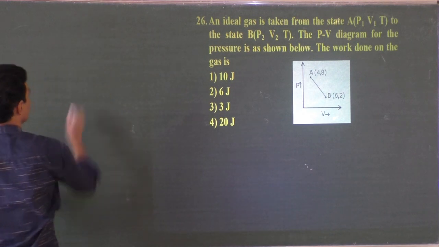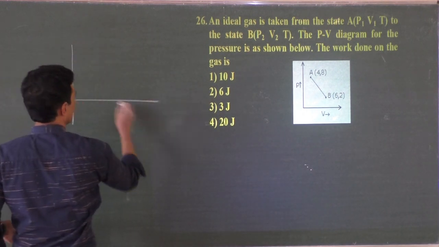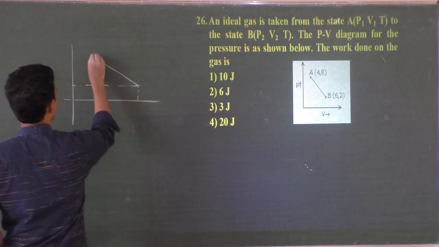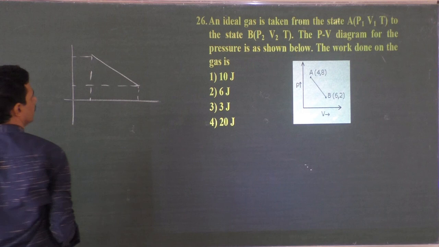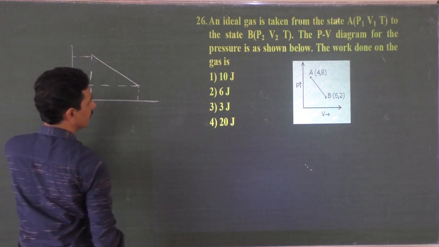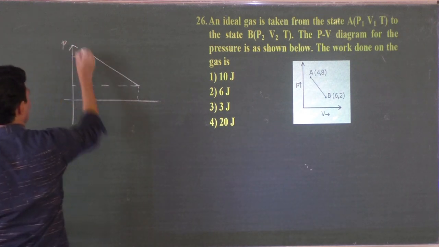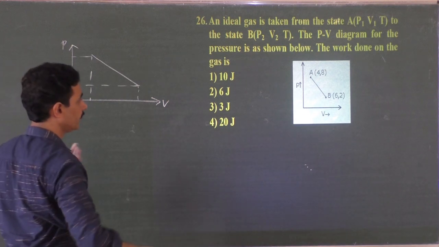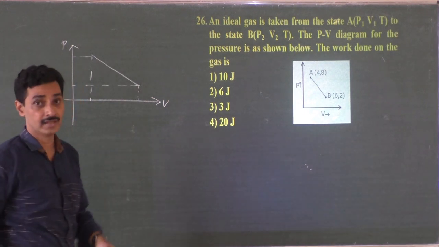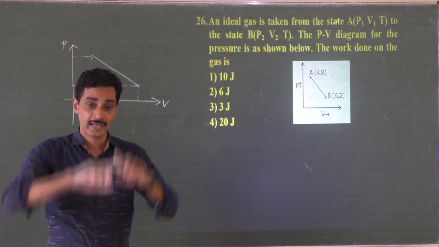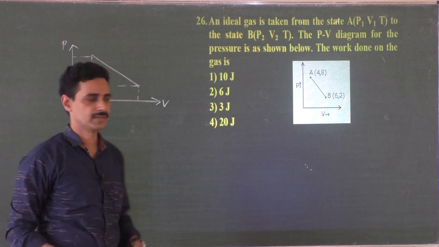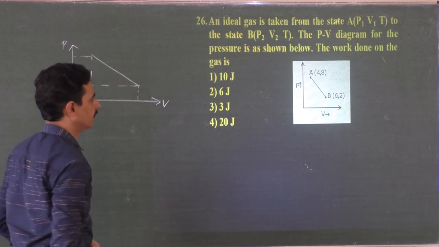So we will draw the graph like this and write all the values here. See, this is A to B, this is pressure and this is volume. Area under the PV diagram gives the work done. So, full area. This is not a cyclic process. If it is a cyclic process, the area under the closed loop gives the work done. If it is not a cyclic process, take the area under the whole graph.